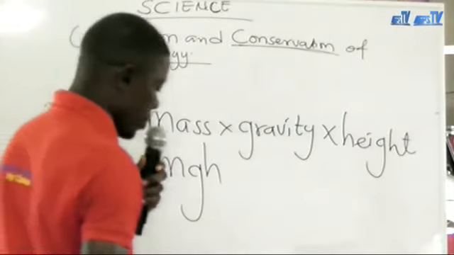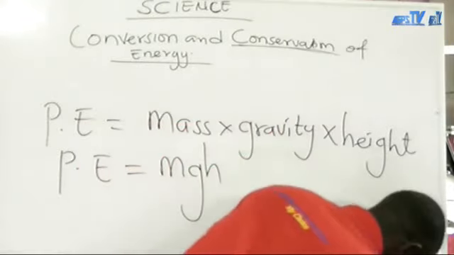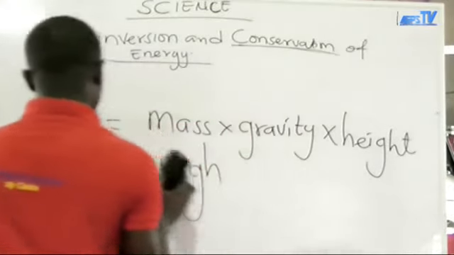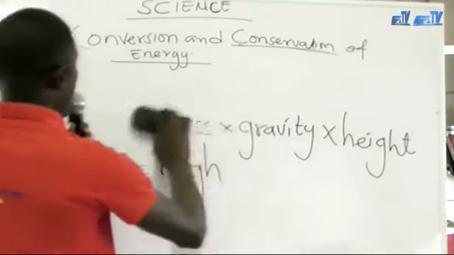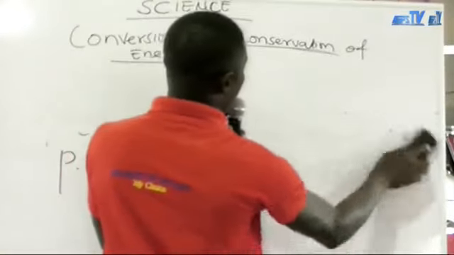So in science, if you are told to define potential energy and you don't know the definition, potential energy is the energy possessed by a body by virtue of its position.